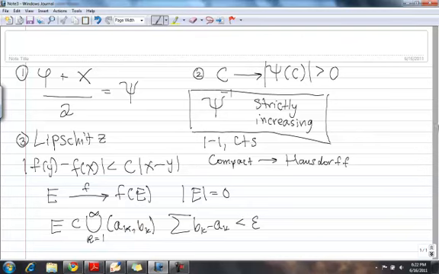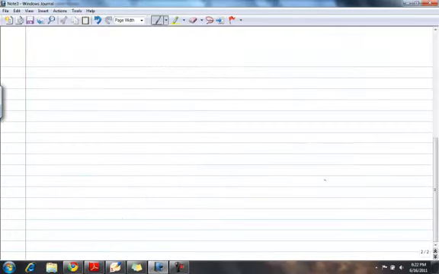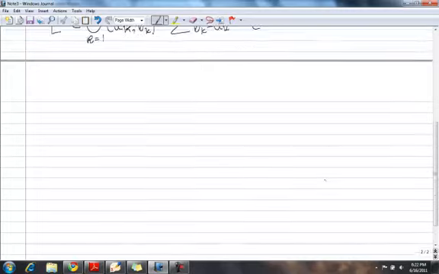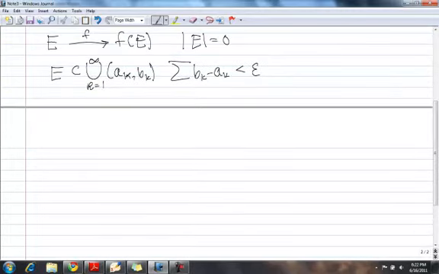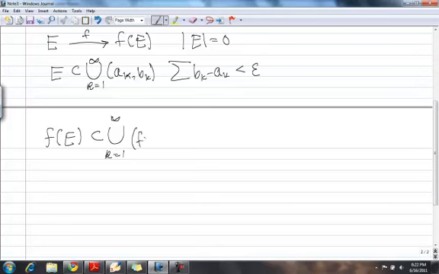Next, I'm going to take this collection and observe that f(E) is contained in the union from k equals 1 to infinity of the intervals (f(a_k), f(b_k)). Well, how big are these intervals? The length is the sum of f(b_k) minus f(a_k).